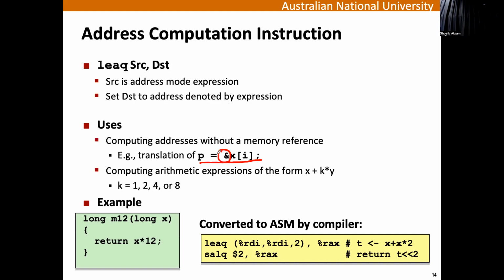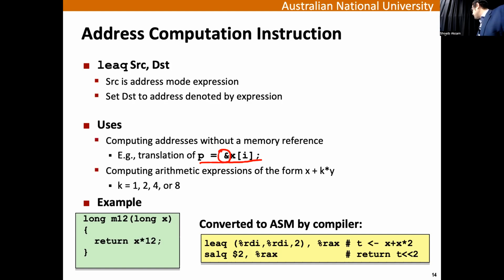So what I'm saying is address of element I inside the array X. Whenever you have to compute such addresses, you use the lea instruction. And then at a later point, you use a move instruction to actually do the movement.